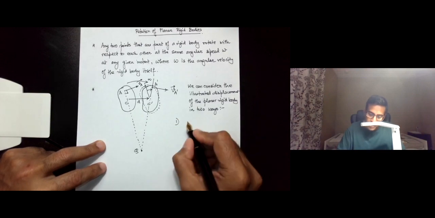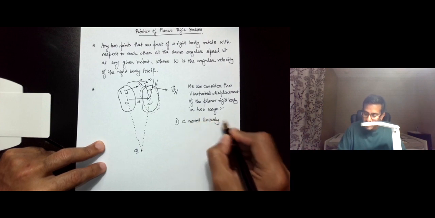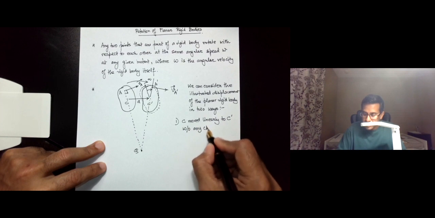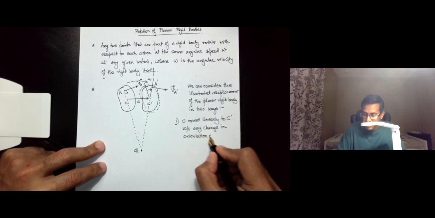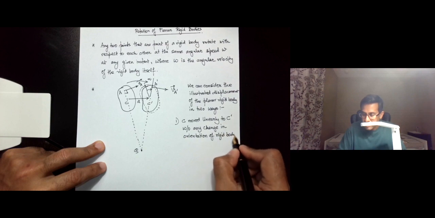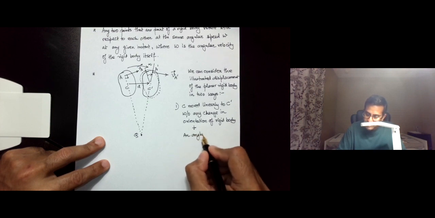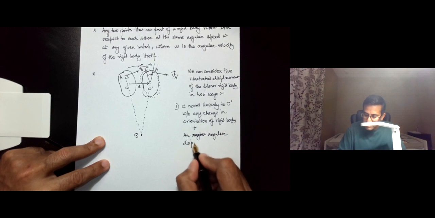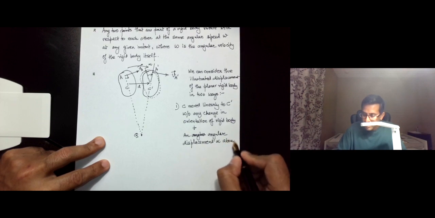One is C moved linearly to C prime without any change in orientation of the rigid body, plus an angular displacement alpha about C prime.